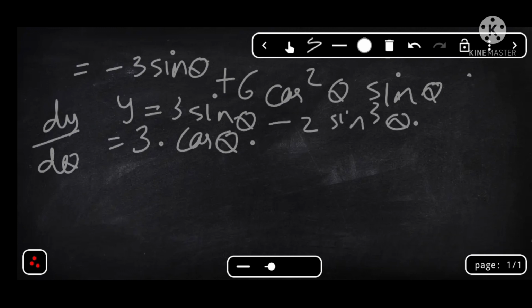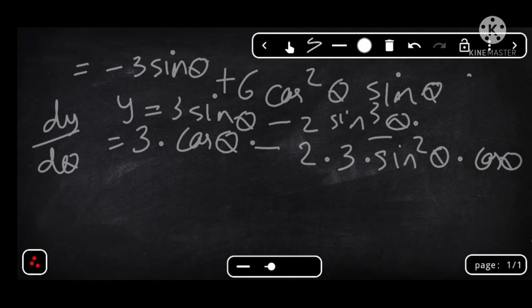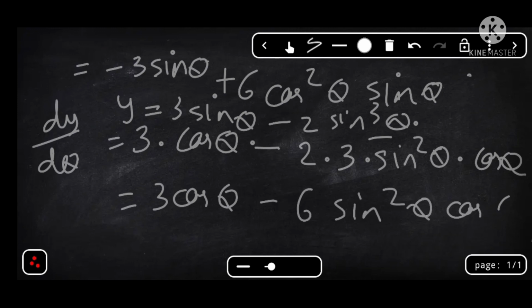We are going to differentiate this one. So minus 2 into, so sin cube theta, right? So 3 into sin square theta into d by d theta of sin theta, that is cos theta. So the answer is 3 cos theta minus 6 sin square theta cos theta. Understand?